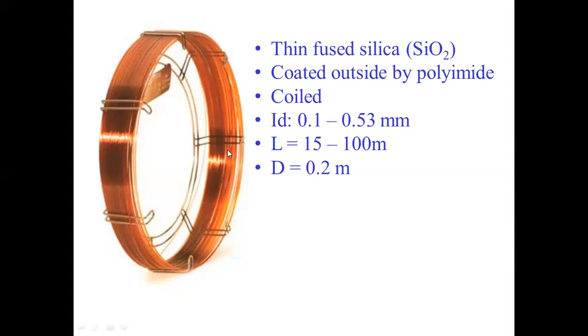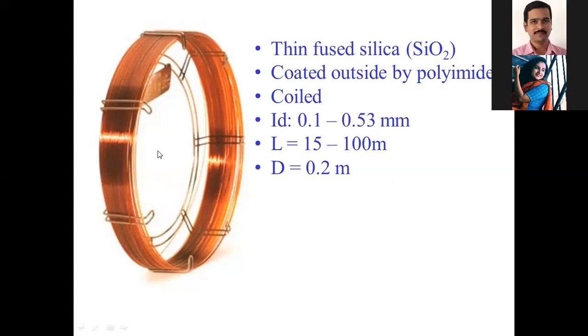One thread, if you consider, will have an internal diameter of 0.1 to 0.53 millimeter, less than a millimeter. And the length will go from 15 up to 400 meter. The external diameter is going to be 0.2 meter.